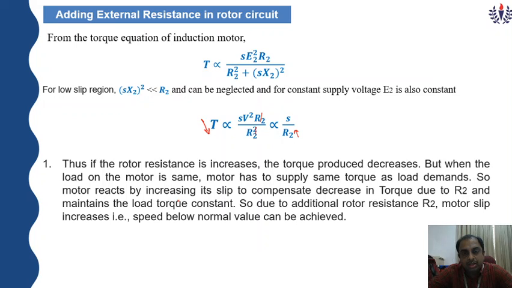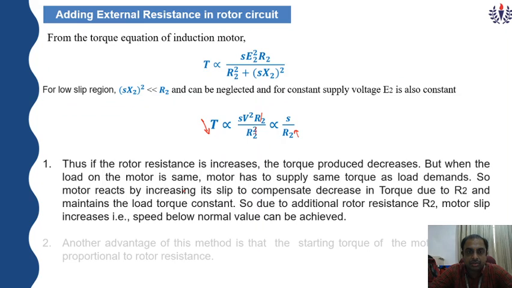But when the load on the motor is the same, the motor has to supply the same torque as the load demands. So the motor reacts by increasing its slip to compensate for the decrease in torque due to R2, and maintains the load torque constant. So due to additional rotor resistance R2, the slip increases, and the speed will be below the normal value.